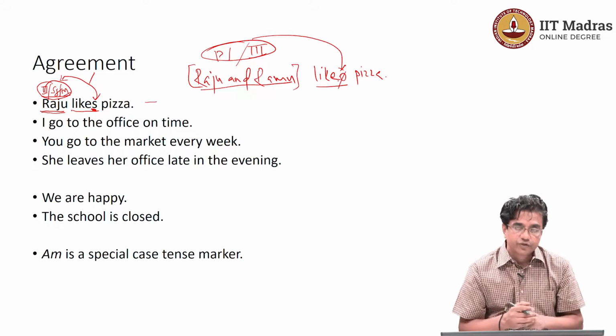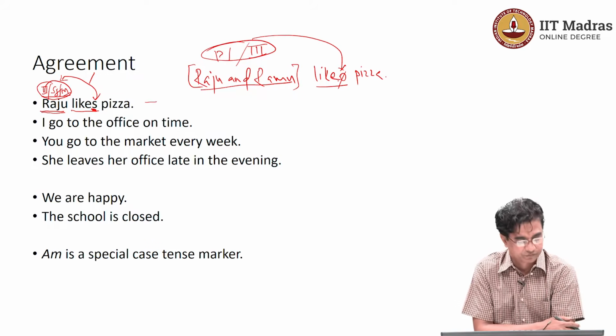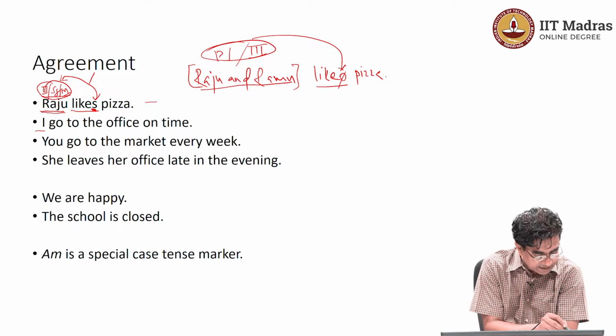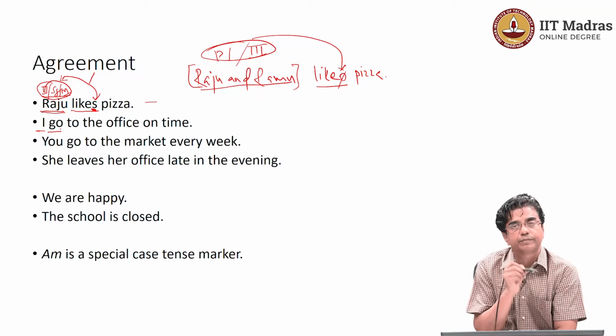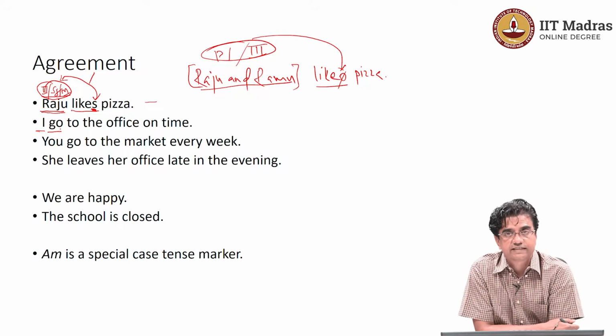So, here we go. In this sentence, the next one, I go to the office on time. What is the subject of the sentence? If I is the subject of the sentence, look at this. I am purposely keeping all the sentences in the present tense for the time being, so that we can see some patterns.